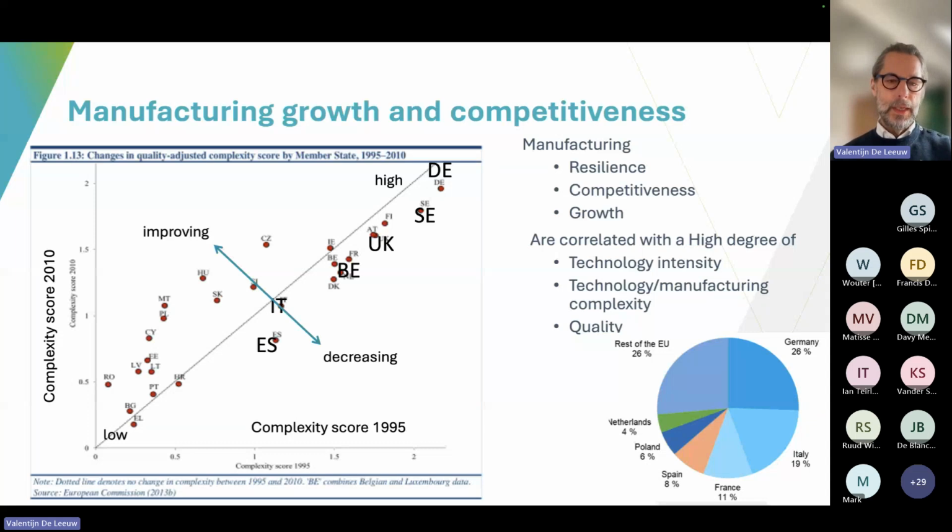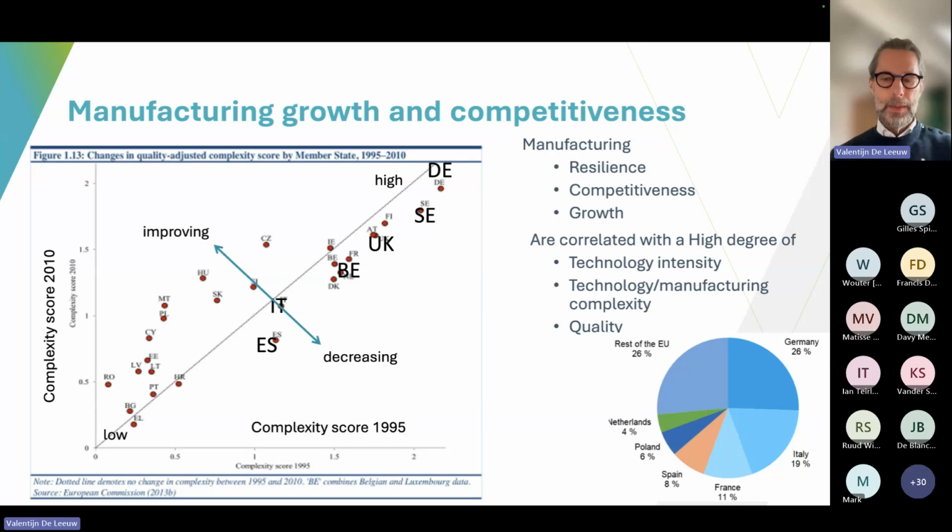And you also notice that above the line, countries improve, and below the line countries decrease a little bit in technology content. So there is a trend that we should be careful with, and we can also use that potential to improve the technology and complexity content of our manufacturing.